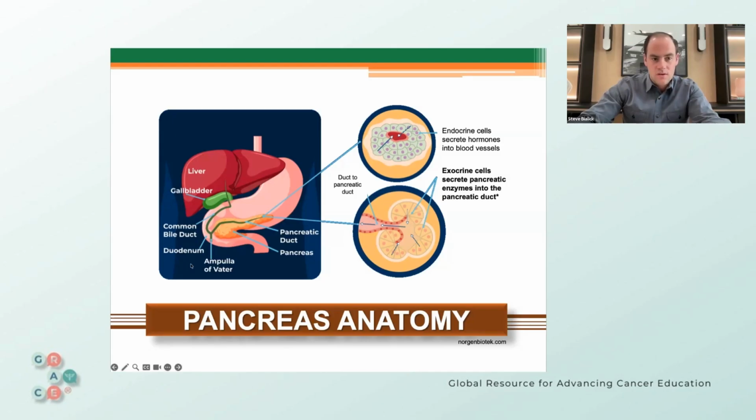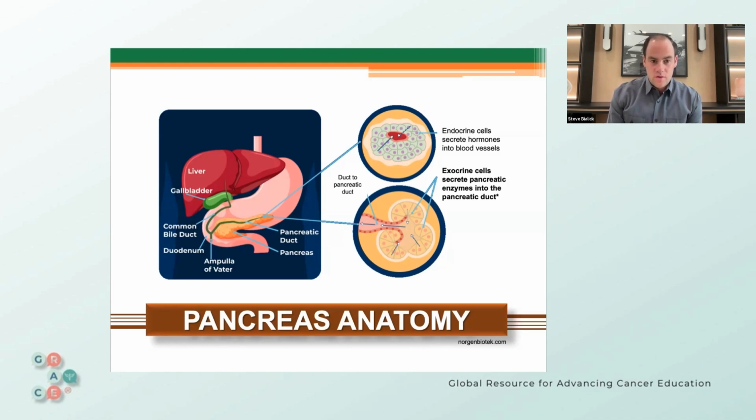The part that's on this screen here is called the duodenum. But the reason for all this jargon is to explain that these exocrine cells are what's important for making digestive enzymes. So when we eat food, cheeseburger, chicken sandwich, the food gets digested through the enzymes that are made in the pancreas, and they're released into the small intestine, and we process all these nutrients so that we can thrive and grow as human beings.